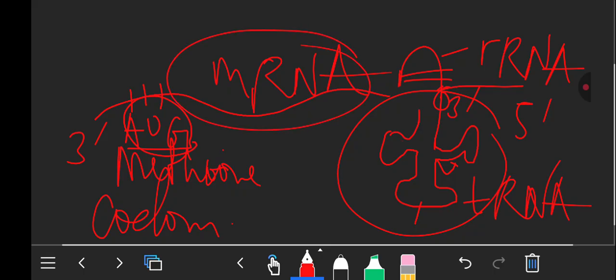That's where you can find the codon. Okay? So it's very important for us to understand that it is only found in RNA. Then this part of the tRNA, that is the anticodon.